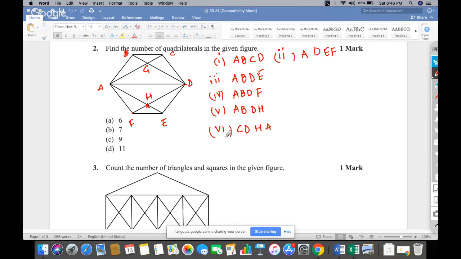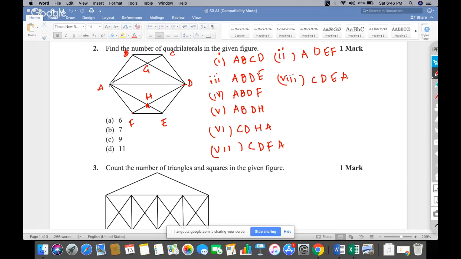Instead of stopping at H, I can go till F. I can write CDFA. Now from D there are two lines, so DF and DE. I have only taken DF, so I will write eighth one as CDEA. This is my eighth one.